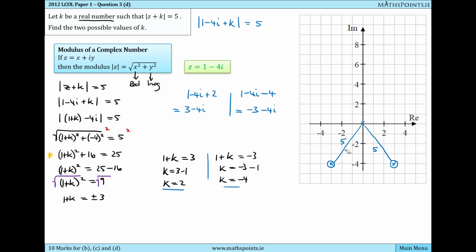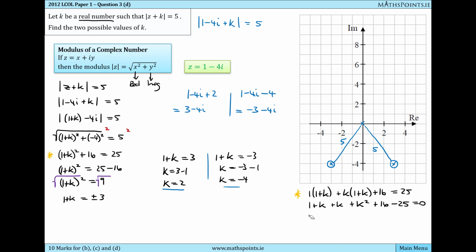To look at the alternate way we could have solved for k, so we have here that (1 plus k) squared plus 16 is equal to 25. (1 plus k) squared is (1 plus k) times (1 plus k), plus the 16 equals 25. We're going to multiply out the brackets to give us 1 plus k plus k plus k squared plus 16, and subtracting 25 from both sides, we get minus 25 equals 0 to make a quadratic.